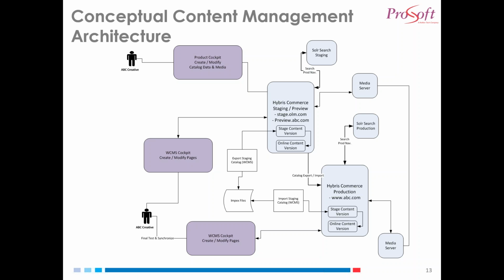If you see here, the way we are representing it is that any changes going into this separate staging environment, how do we propagate that content into production? There is a bit of work which takes place here.